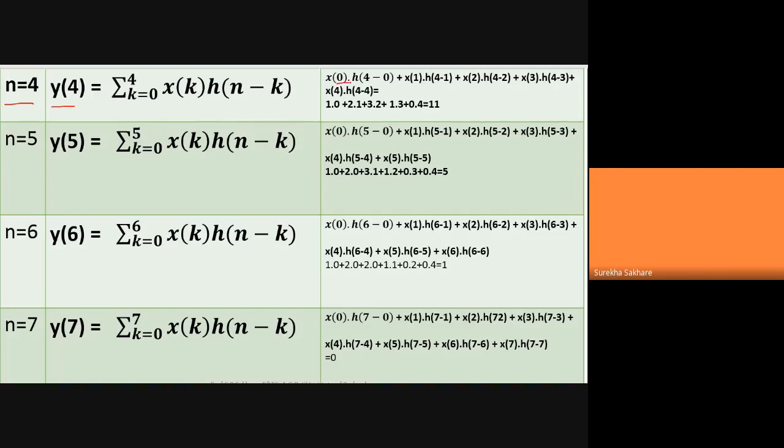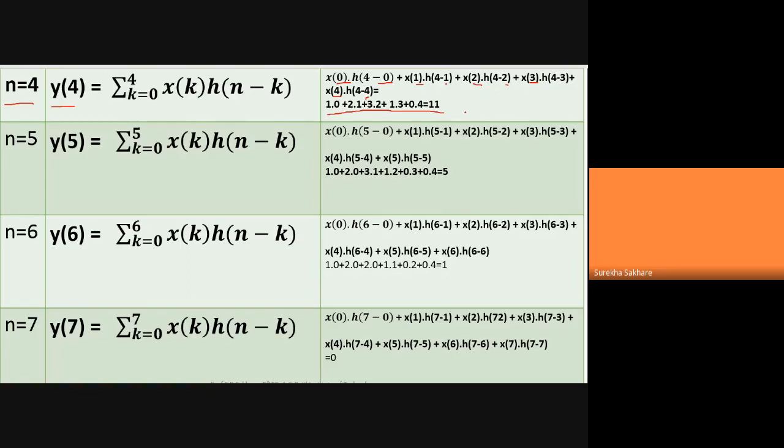So here also I have replaced this 0, 1, 2, 3 and 4. N has been kept as 4. Now I will find all the values of x0, h, all those things, and I'm getting it as 11. You can check out in your pages. Just see that it is going to be these values.